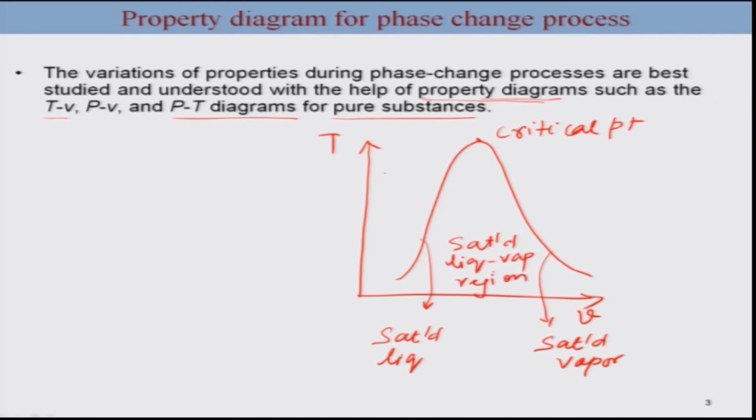Okay, this region is going to be a compressed liquid and this is going to be superheated vapor. Okay, so this is a basic phase diagram for the pure substance.